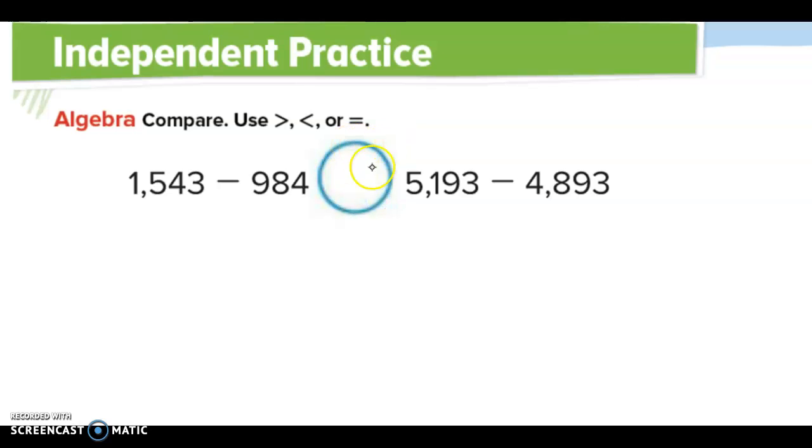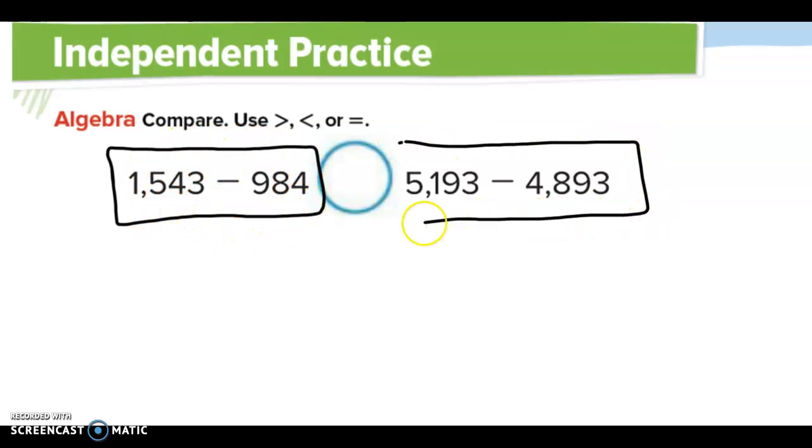Now, whenever you have one of these comparing things, remember you're looking at everything on this side. They want you to compare the answer to this math problem to everything on this side, to the answer to this math problem. So this takes a little bit of work. We're first going to have to stack the numbers on this side, 1,543 minus 984.